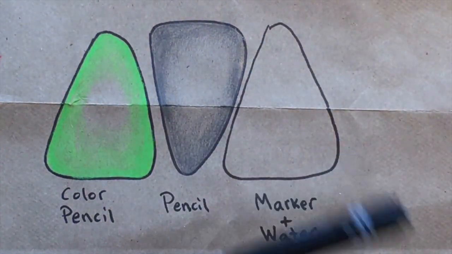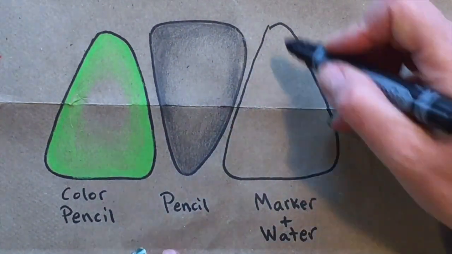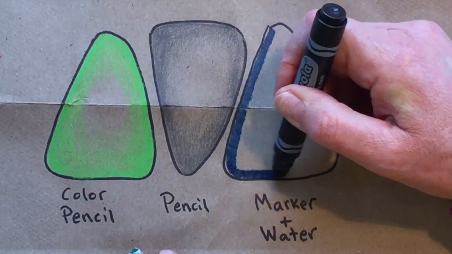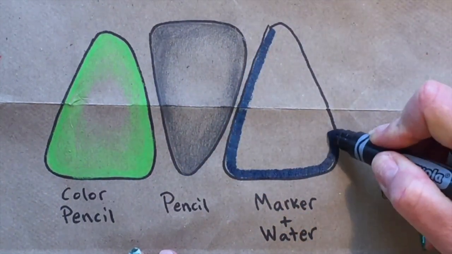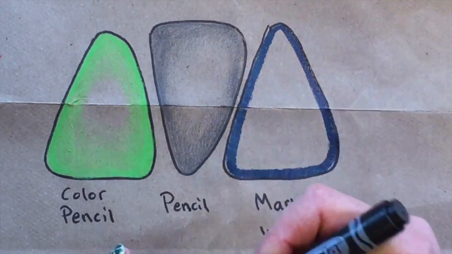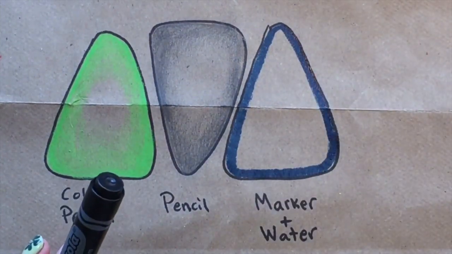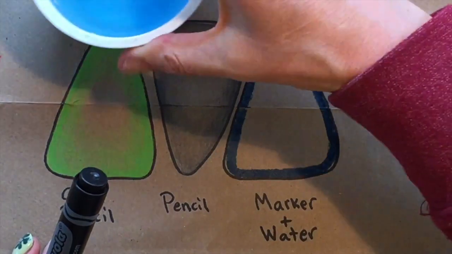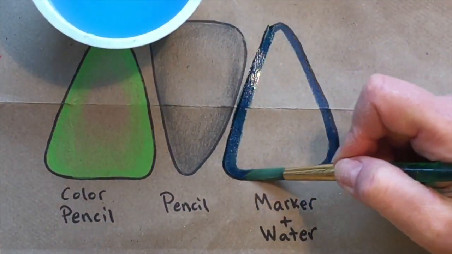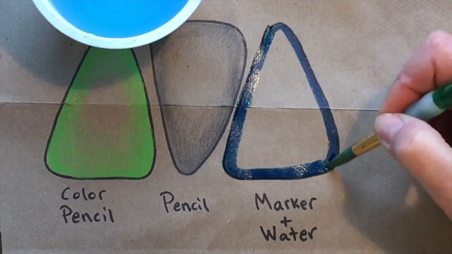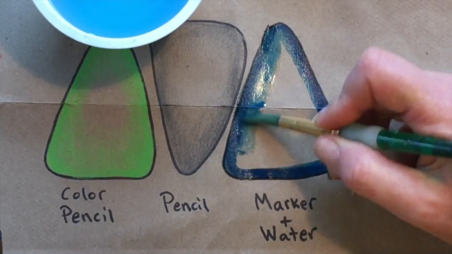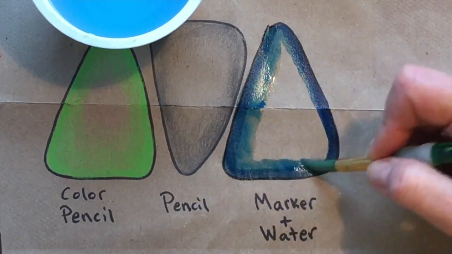Okay, so once I know that I'm good with this one, I'm going to again go in with a line on the inner edge of my shape, and then just using the water, I'm going to wet that line, trying to keep it inside the shape, and then I'm going to pull that color towards the center.